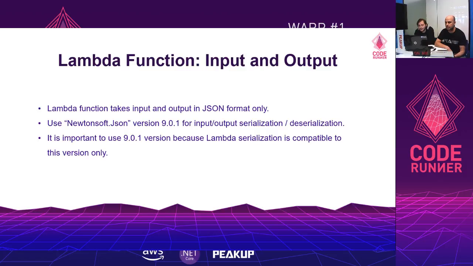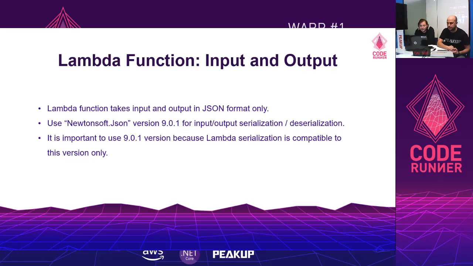Input and output. We have to talk about this because this is really important. A function only supports JSON input and output. Maybe actually you can use a string. It's basically any kind of content, but other than that, you have to use JSON input and output. So everything is JSON here.